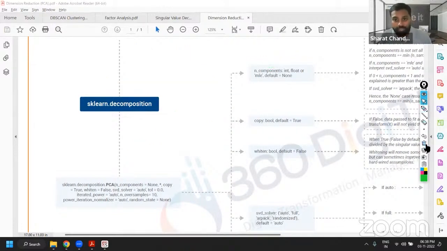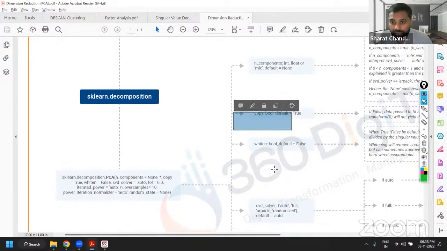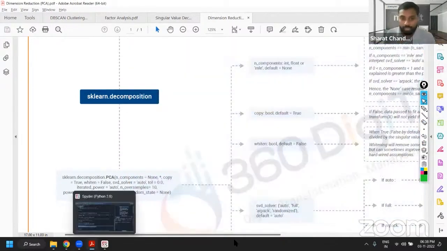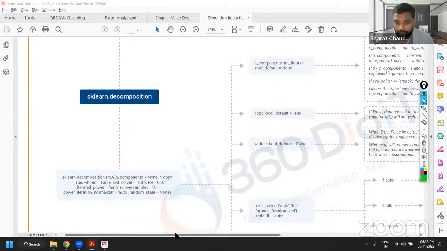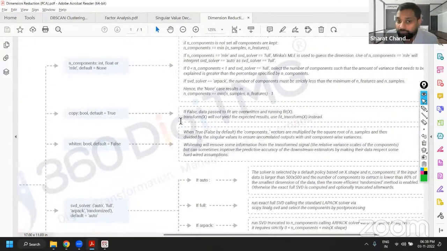Likewise, we have a lot of other parameters, like copy. This is one of the hyperparameters we have here. By default it is true, but if it is set to false, the data that is passed to fit will be overwritten.